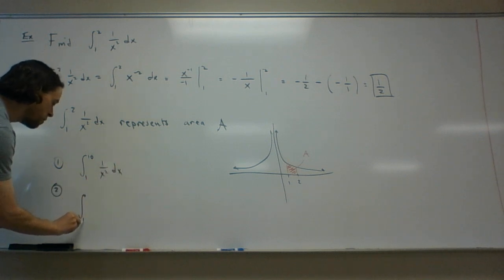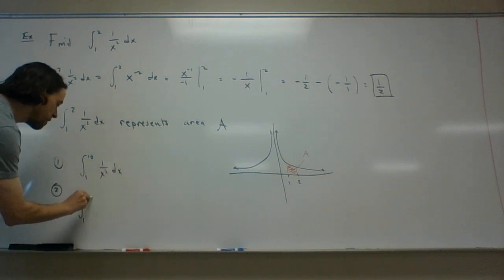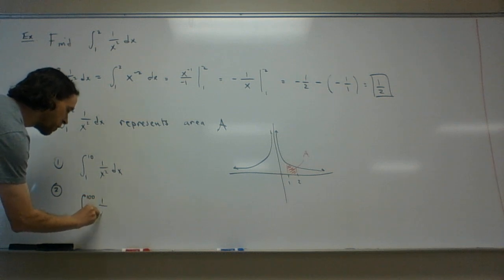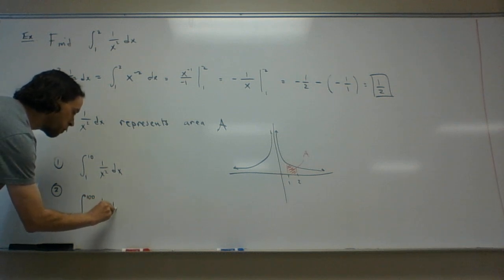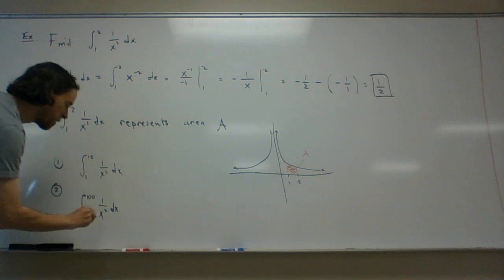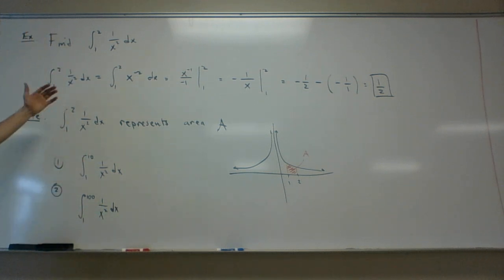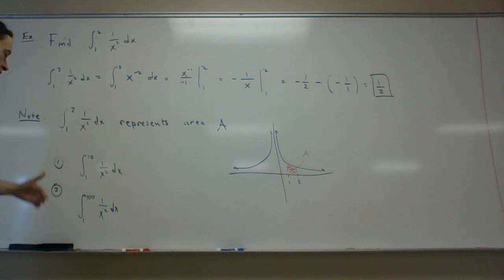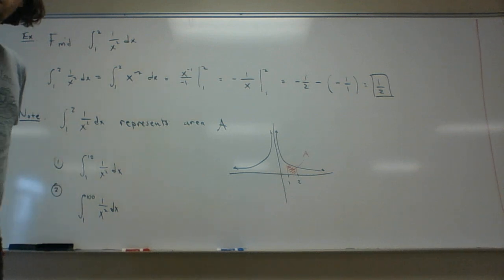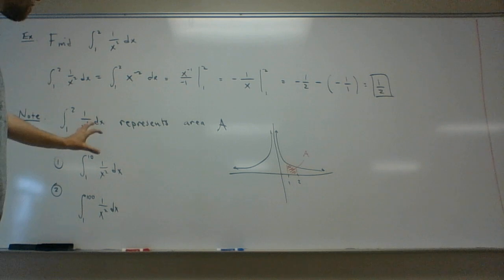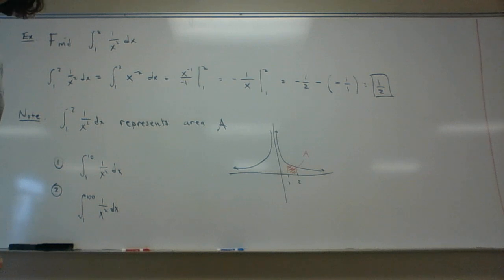And then I'd like for you to do the same problem, except make it the integral from 1 to 100, 1 over x squared dx, right? So all we're doing here is just changing the top number. Instead of a 2 in the first problem, it's a 10. And instead of a 10 in the second problem, it's 100. I'd like you to do both of those and draw the picture that goes along with them too, to see what they represent as far as the area goes.